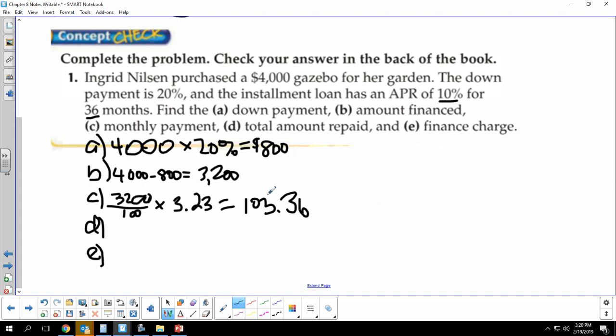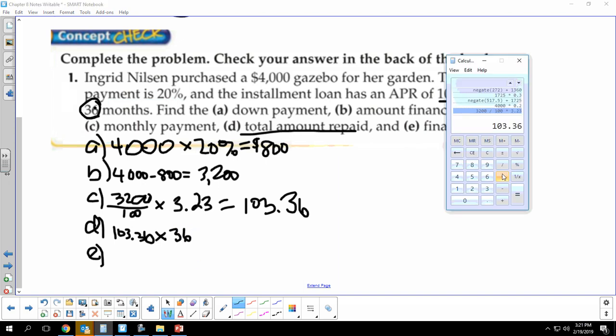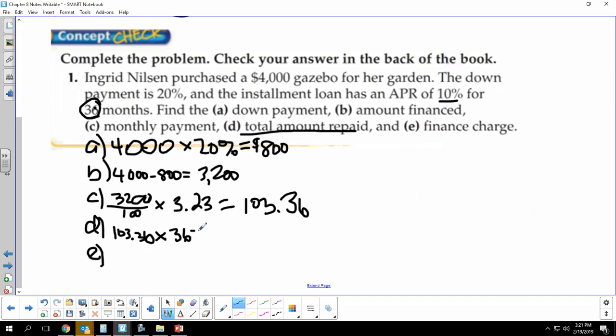Okay. Now we're going to find the total amount repaid. We take $103.36 and multiply it by the number of payments we make, which is 36. This will give us how much total we repay. So $3,720.96.